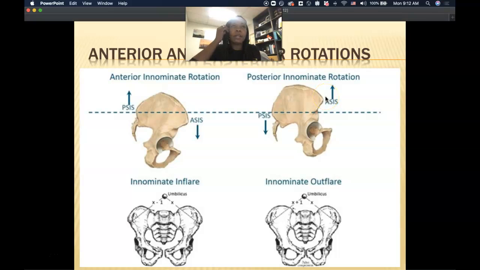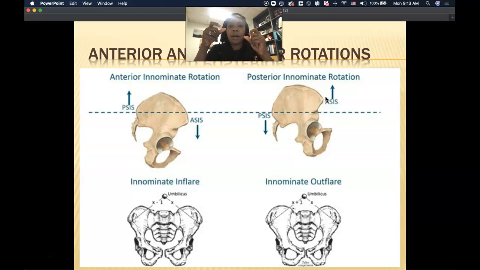Now, I got asked the question, I don't know who it was, but there was this question of whether rotations only happen unilaterally, or do they happen bilaterally? Most often in the clinical setting, we typically see a unilateral rotation or flare or slip, but you certainly could have a patient who has bilateral rotations.